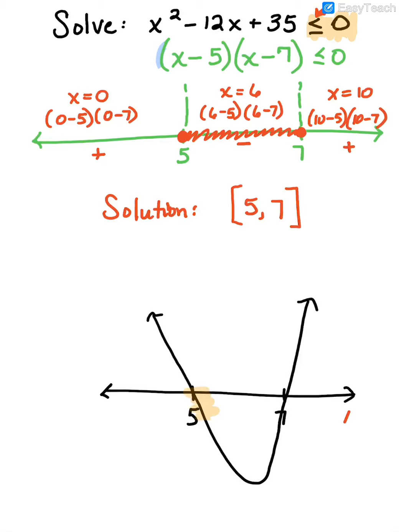So that means we're interested in where it falls below the x-axis. And so as you can see, and like we've already shaded, it is falling below the x-axis in between my positive 5 and my positive 7. And it is including those endpoints, just like we graphed above.